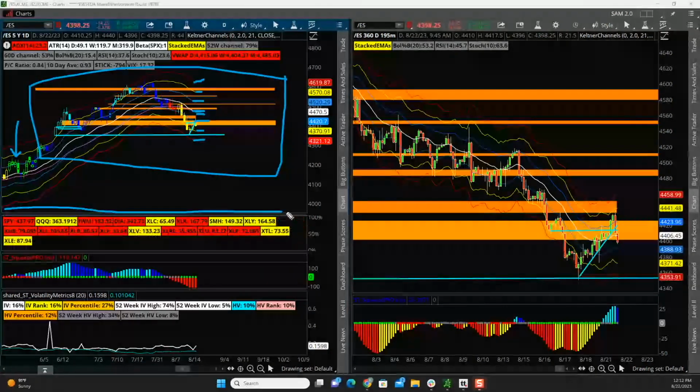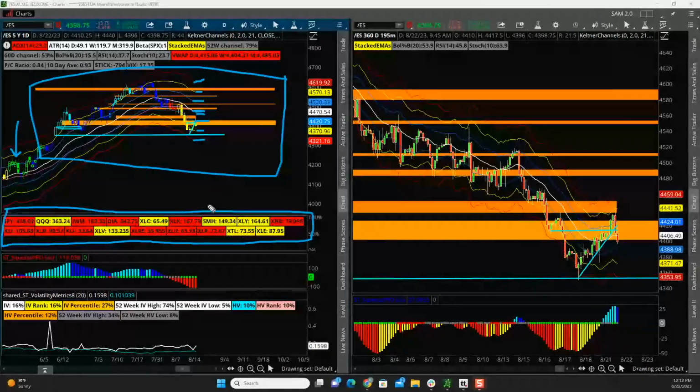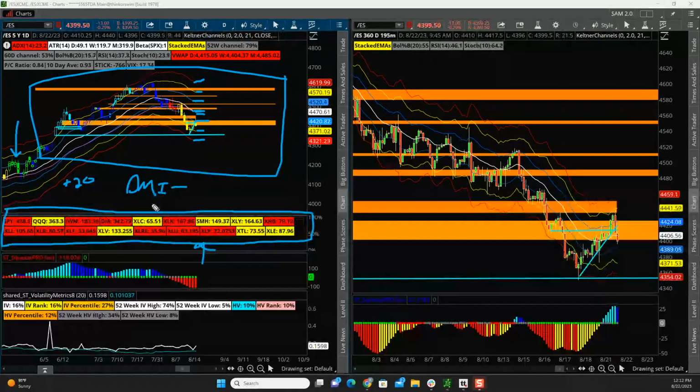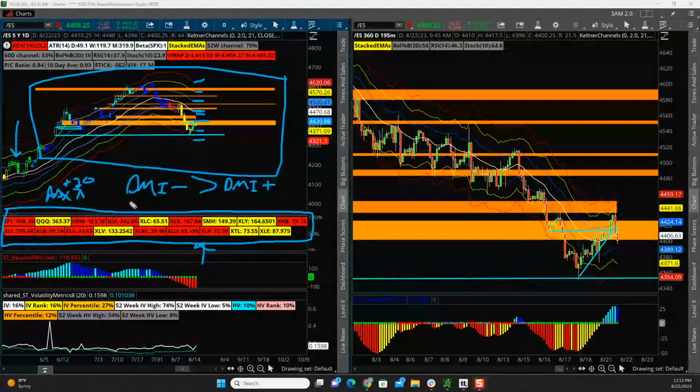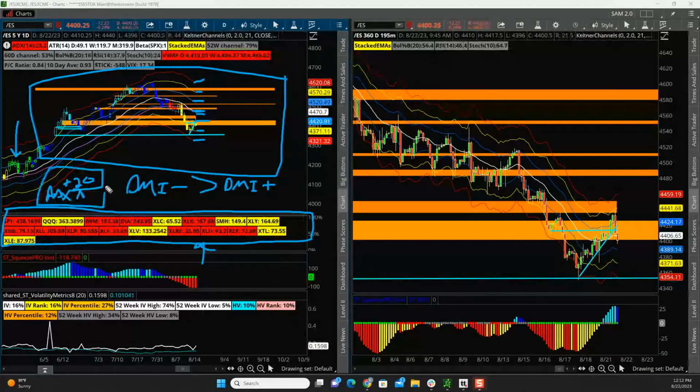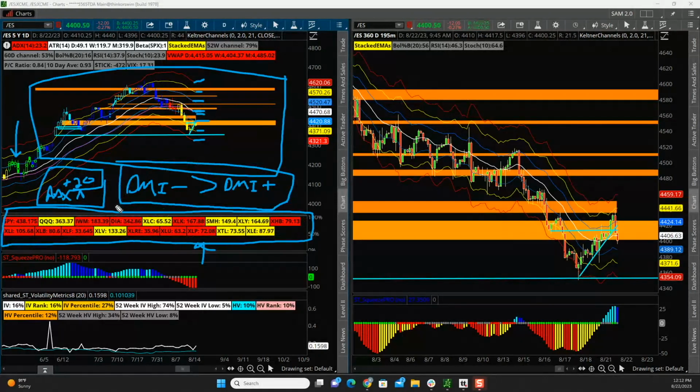Now right here, these just show me where the ADX and DMI are at for these sectors. The best way to explain it: if ADX is greater than 20, and DMI negative is greater than DMI positive, that means the trend strength is strong because ADX is above 20, and DMI negative being greater than DMI positive means a strong trend to the downside.